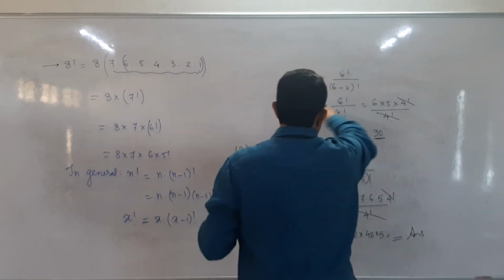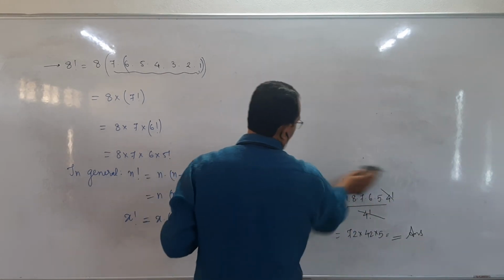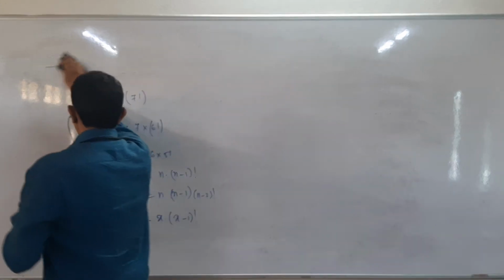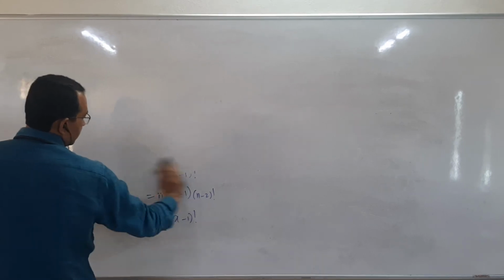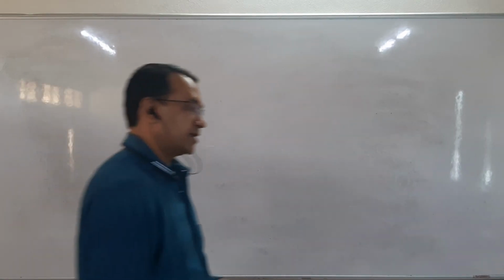Then students, once again let us revise the definition of 7.1. What is the fundamental principle of counting? Suppose an event can occur in m different ways. After that, the second event can occur in n different ways, and correspondingly the third event can occur in p different ways.